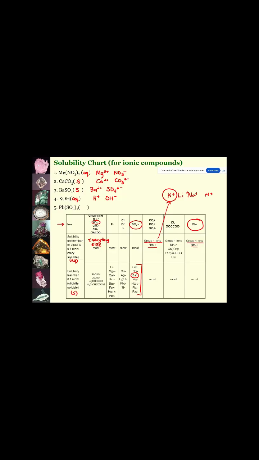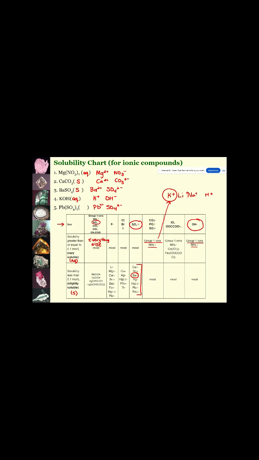Now the last one is a little tricky. The last one is lead, which is a multivalent metal bonded with sulfate. Now, when you have a multivalent metal, multivalent means it has more than one charge. You have to figure out what charge it has in this compound. Because it's balancing with 2 sulfates and each sulfate is 2 negative, that means the lead must have a 4+ charge.